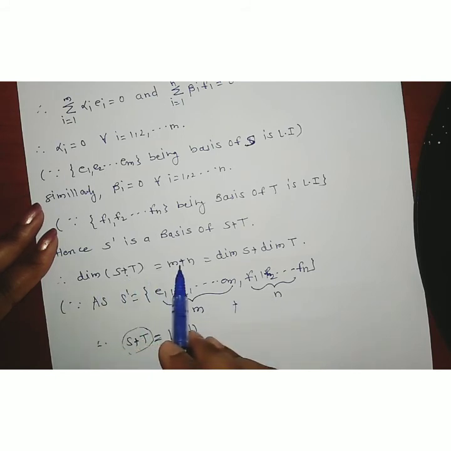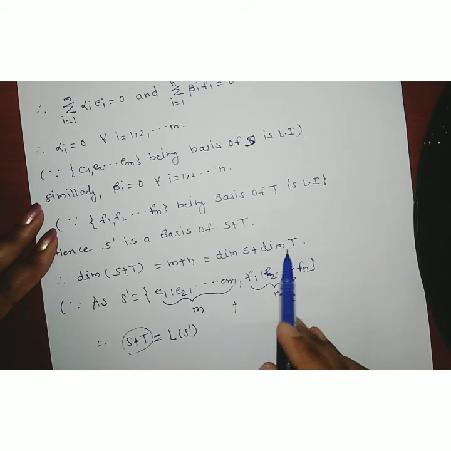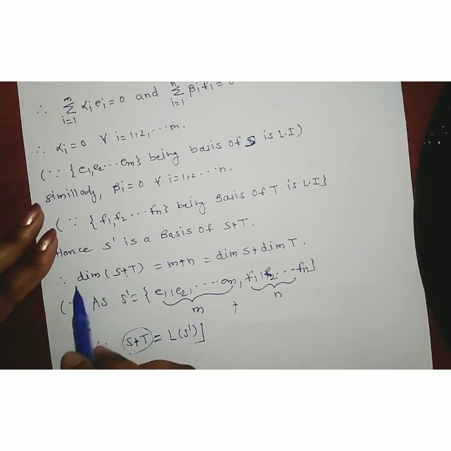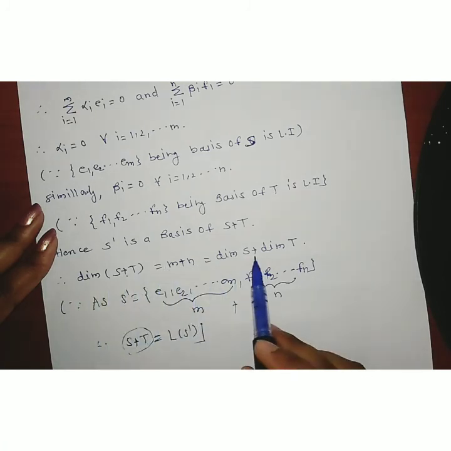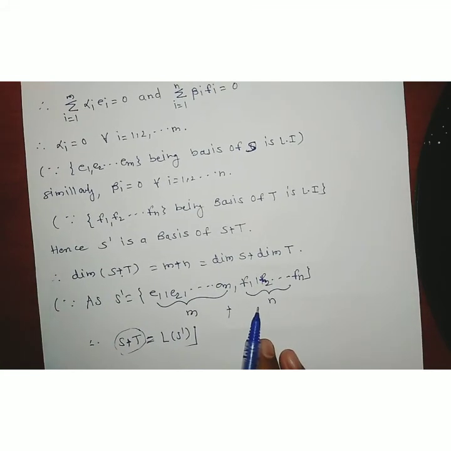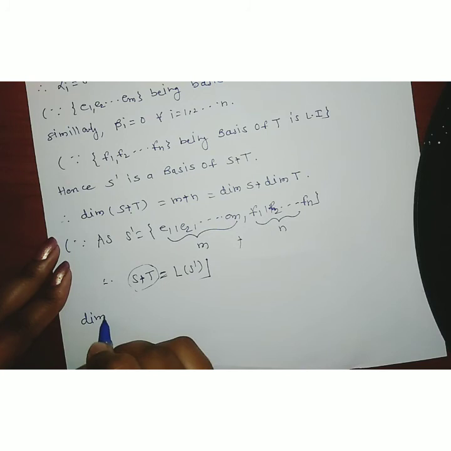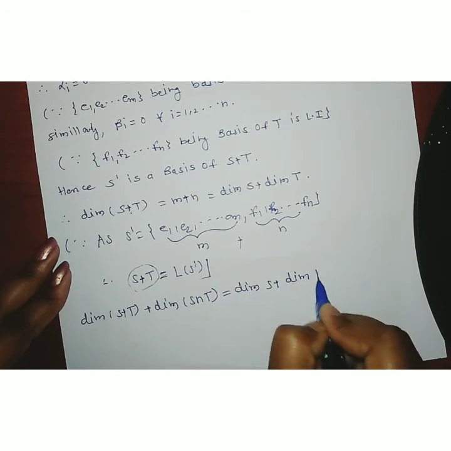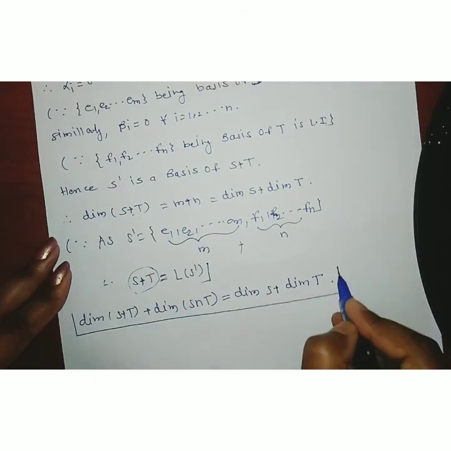So the dimension of S plus T is equal to m plus n, and we know that m is nothing but the dimension of S and n is nothing but the dimension of T. Therefore, by using this fact, we have the dimension of S plus T equal to the dimension of S plus the dimension of T. Therefore, by using both conditions, we proved that the dimension of S plus T plus the dimension of S intersection T is equal to the dimension of S plus the dimension of T. Okay, so this is a very important result.